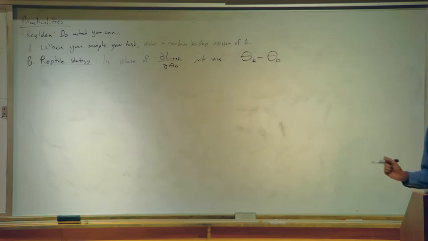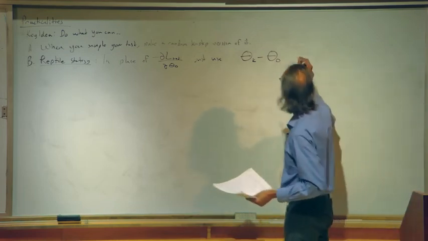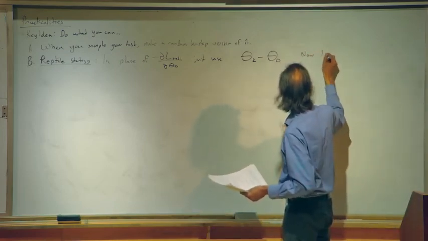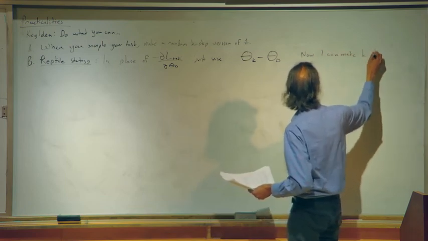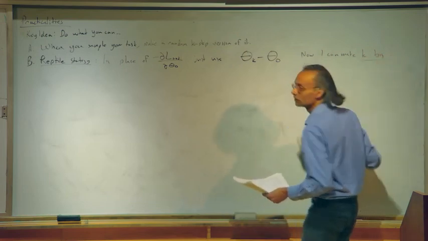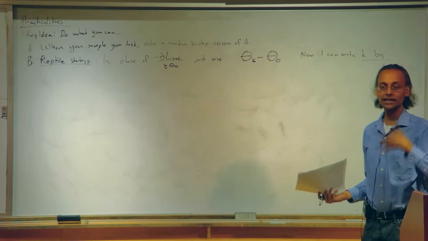So when I do this, why do I do this? Because now I can make K big. I can take lots of steps because it doesn't cost me anything. All I need to do is to make sure that my network is stable in training.